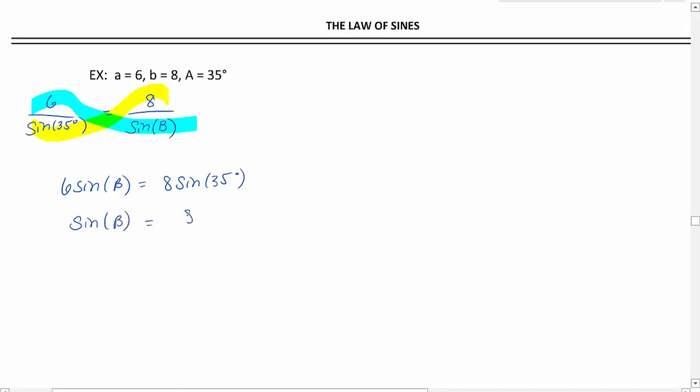Sine of B equals 8 sine of 35 divided by 6. You could simplify that fraction if you wanted, but I wouldn't since I'm just going to plug it in my calculator. And inverse sine to get our B. B is going to be sine inverse of this fraction here.